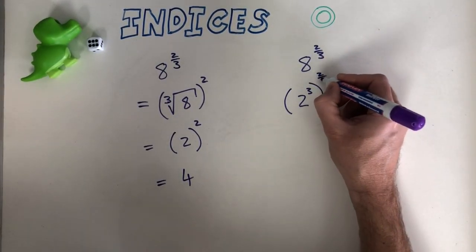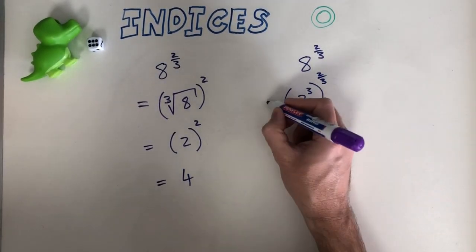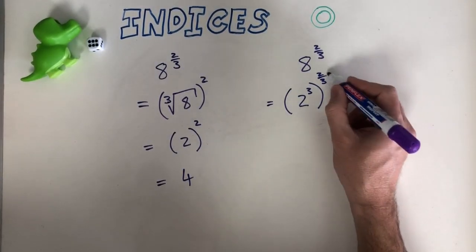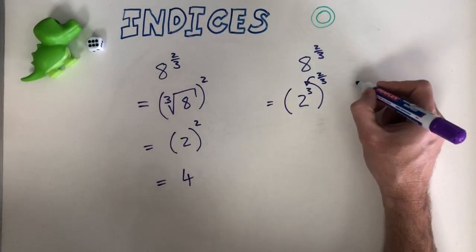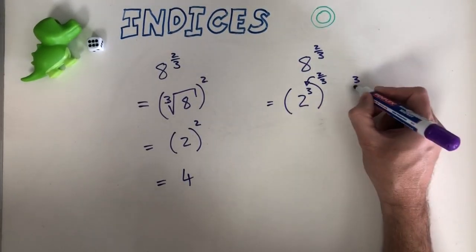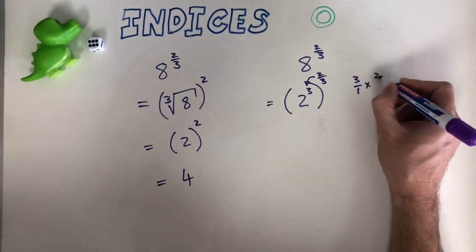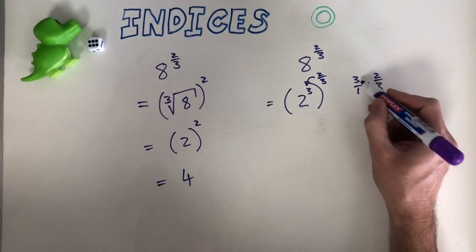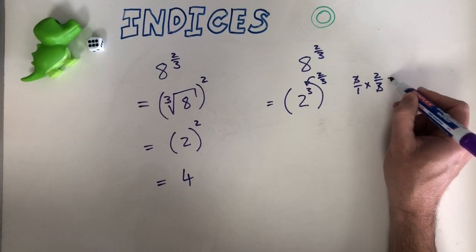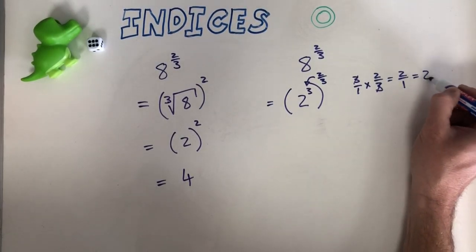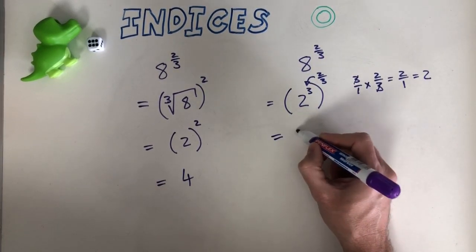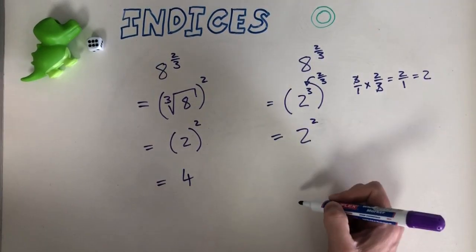Then I raise this to the power of 2/3. In this situation, it just means that I have to multiply. So that 3 is 3 over 1, times 2 over 3, the 3s cancel out, and I would be left with 2 over 1, which is 2. So this would just be 2 to the power of 2.